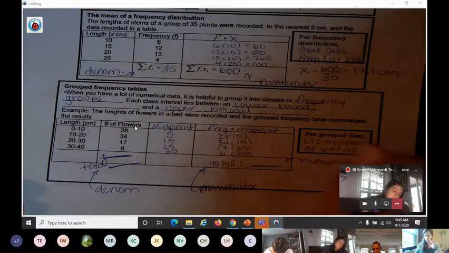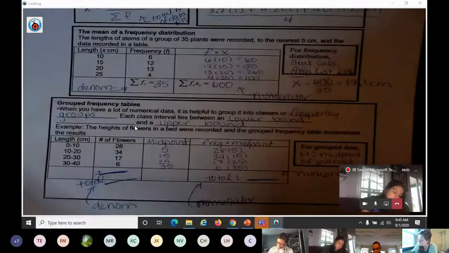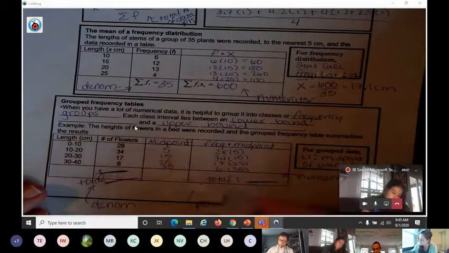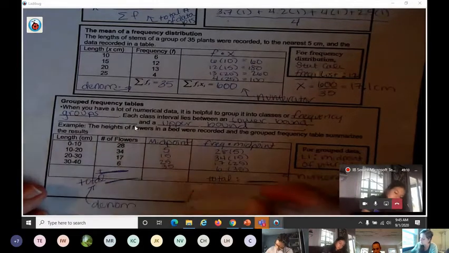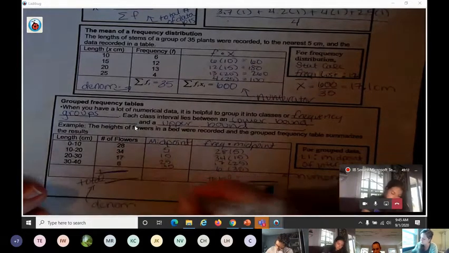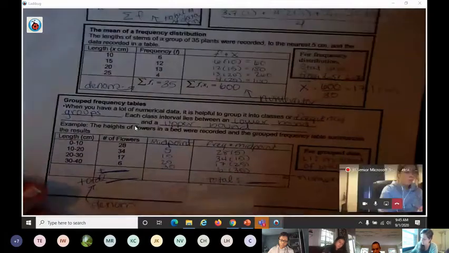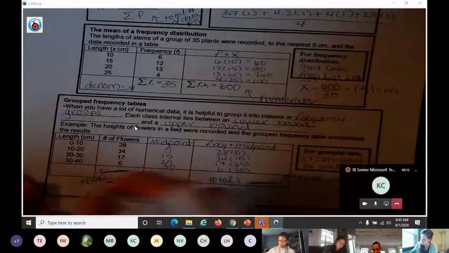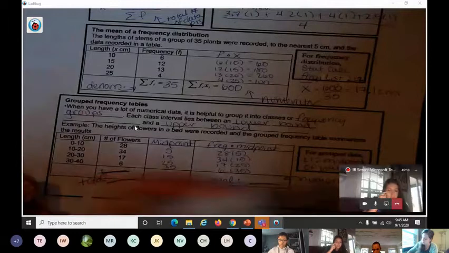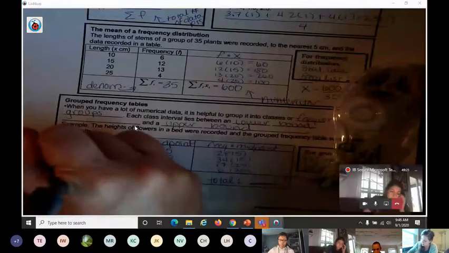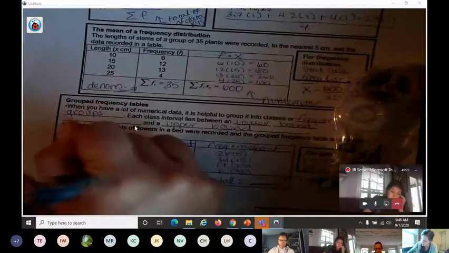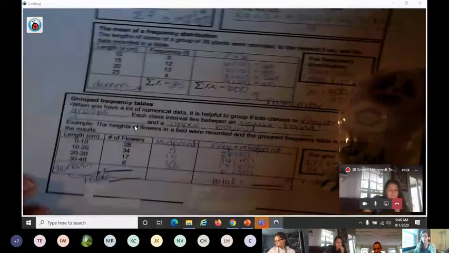There are 2 definitions that I want to write at the bottom. So I need to move these guys. This is our denominator. Okay.